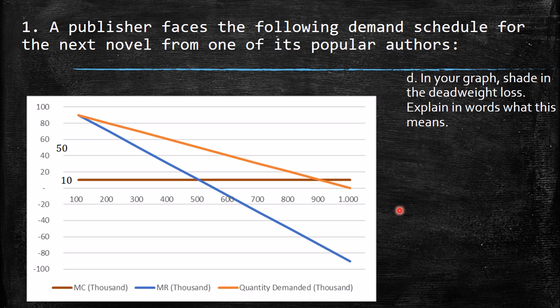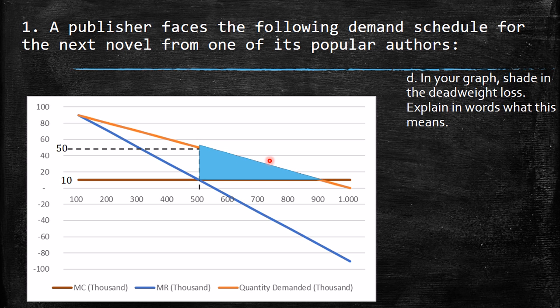Remember, the socially efficient quantity is where the company doesn't make any economic profit. So this one is going to be lower than the monopolist's. So for this reason, we can represent that this deadweight loss is going to be this blue triangle. All these transactions, all the people that can buy at a price lower than 50 and higher than 10, will not buy anymore due to the higher price.